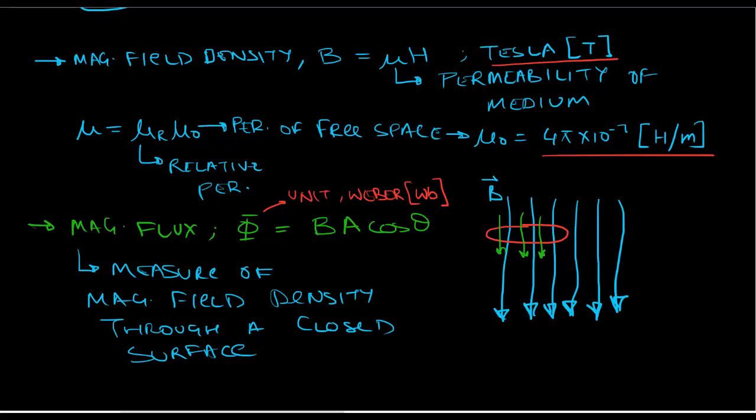What is another way? I can increase the area of my surface. So instead of these 3 lines passing through, now I have 1, 2, 3, 4, 5 lines passing through. So I can increase my area. That is another way. So the first method was you can increase the field density, or you can increase the area and you can increase the flux.